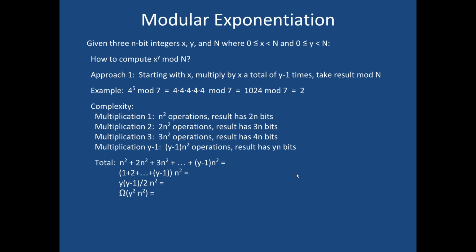So this is a lower bound on the cost of the algorithm. The sum from 1 to y minus 1 is roughly y squared, times n squared. But what's y squared? We've got to express y squared in terms of little n. What's y in terms of little n?